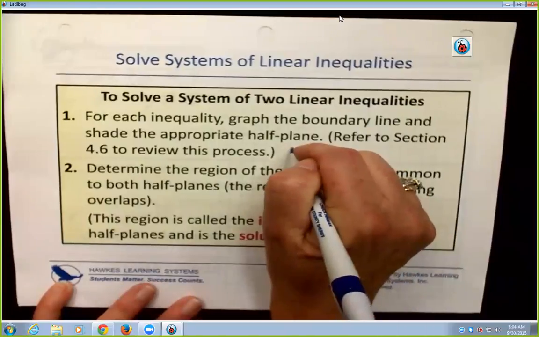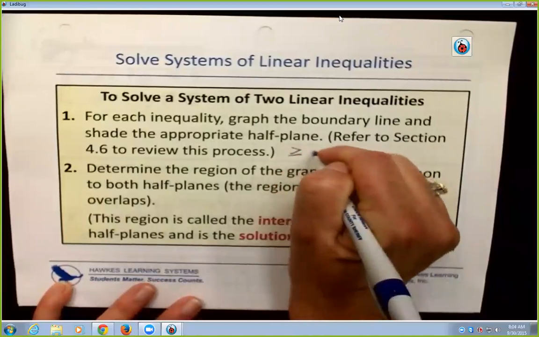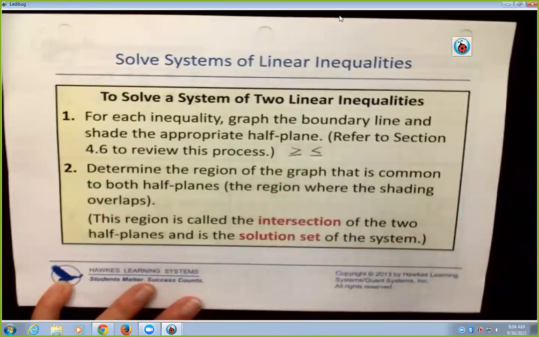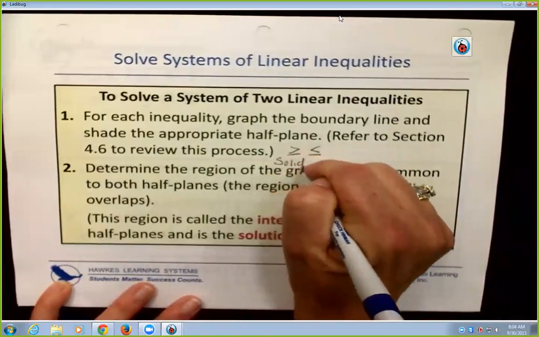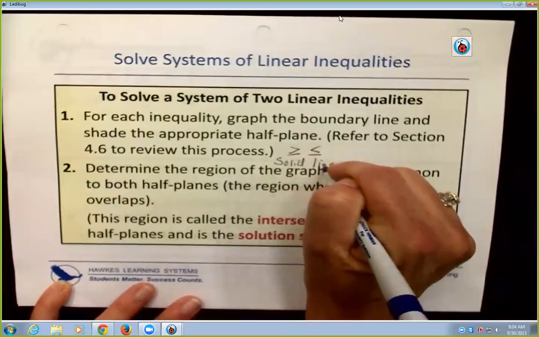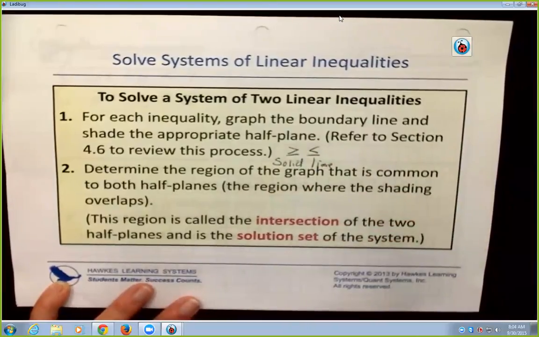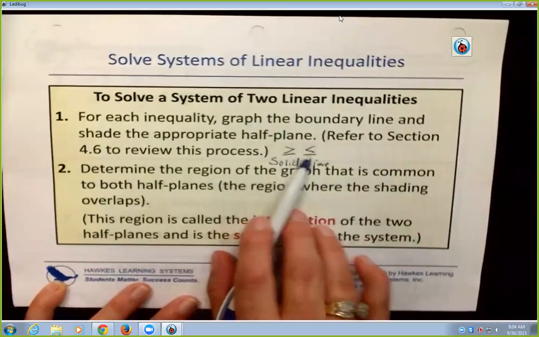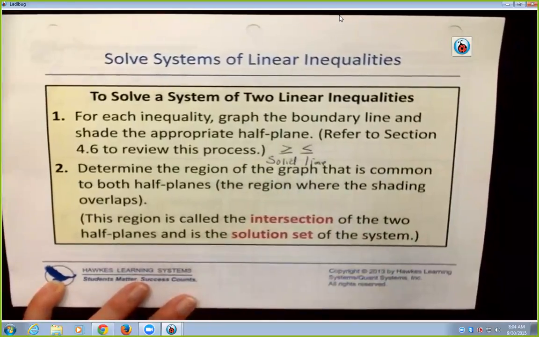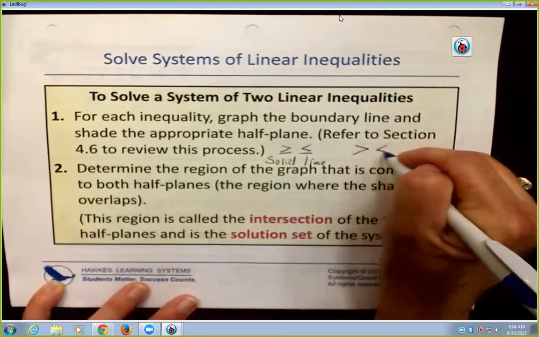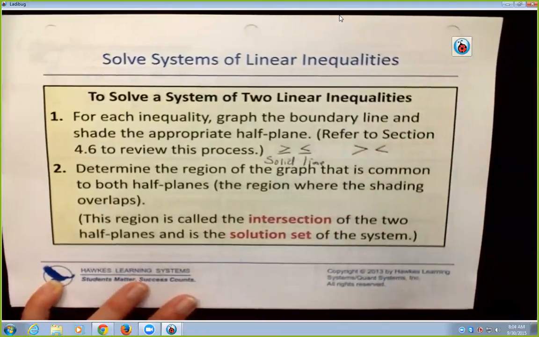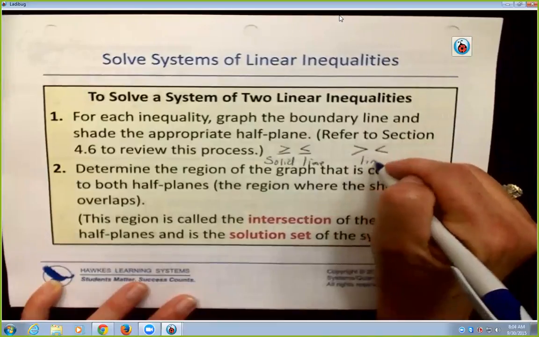If you have a greater than or equal to, or a less than or equal to, this will be a solid line, because the equal to means that this line that we graph will be included in our answer. If you have a greater than or a less than with no equals, the line is dashed.